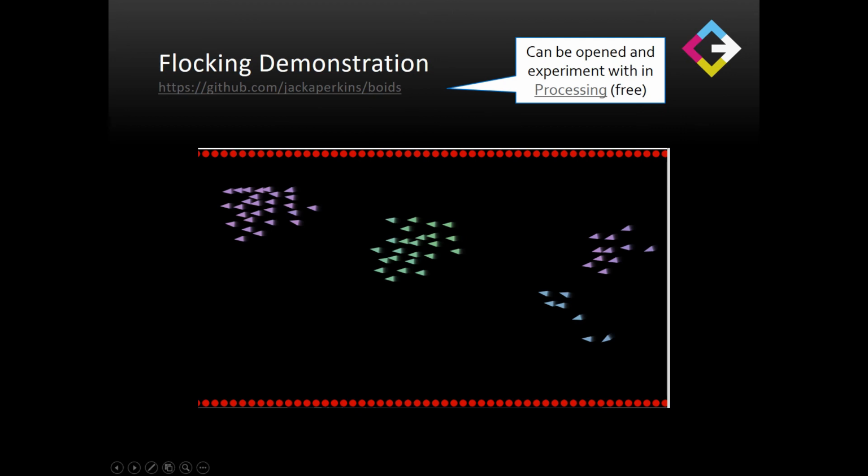If you would like to experiment with that, you can download the following code that is runnable using the Processing framework. It allows you to play with the boids.